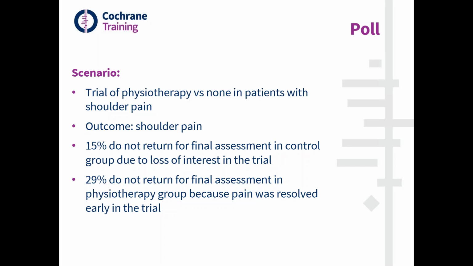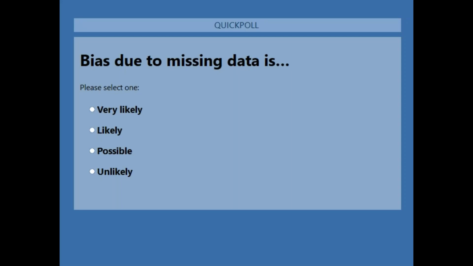But in the experimental group, the physiotherapy group, a higher proportion, 29%, don't return. And the reason why they don't come back is because the early sessions of physio resolved their pain. And they thought, oh, well, that's fine, I'll just go back to my daily life and forget about the trial. So the poll now is to ask you whether bias is very likely, likely, possible, or unlikely.